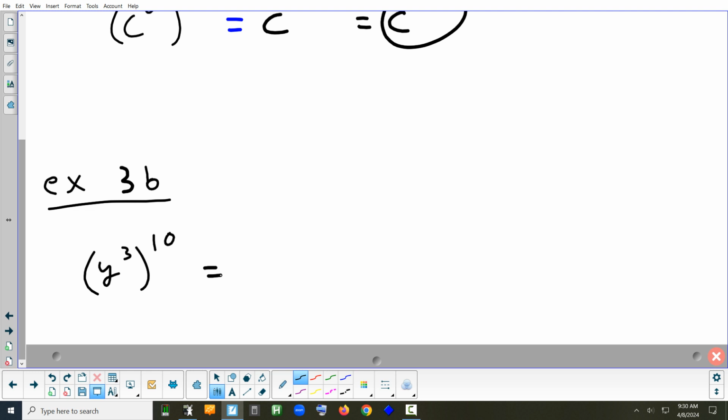Y what? 30. Just be careful how you say it. Y raised to the 30th power. Yep, you can say y to the 30th, or you can say y raised to the 30th. You just have to indicate that that 30 is up higher. Yep. Okay. So that's it, y to the 30th. Any question on that?